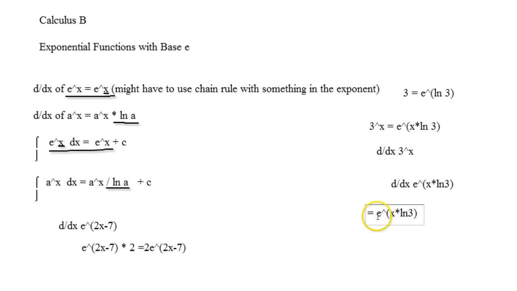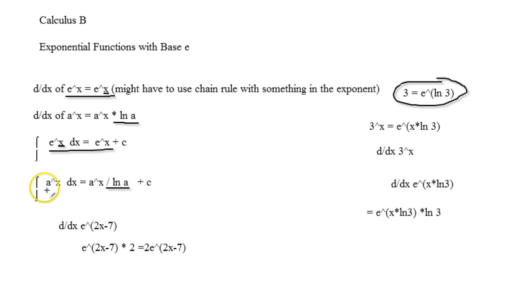The derivative of e to the x is e to the x, times the derivative of the inside, 1 times the natural log of 3, which just turns into the natural log of 3. And voila, I've done the derivative using the chain rule and this little known fact.